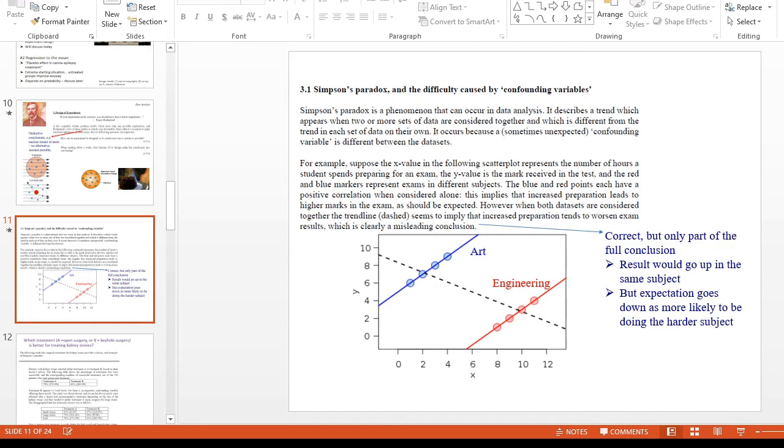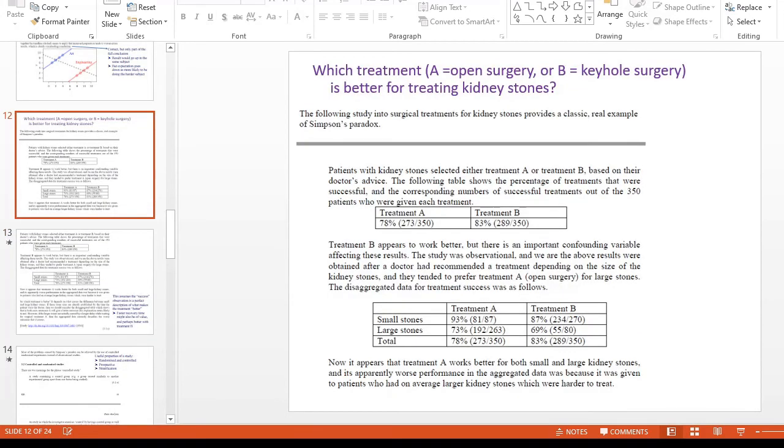For example, you might be telling students how long to spend revising. You want other variables which might affect the result to average out to be the same in both of your groups.